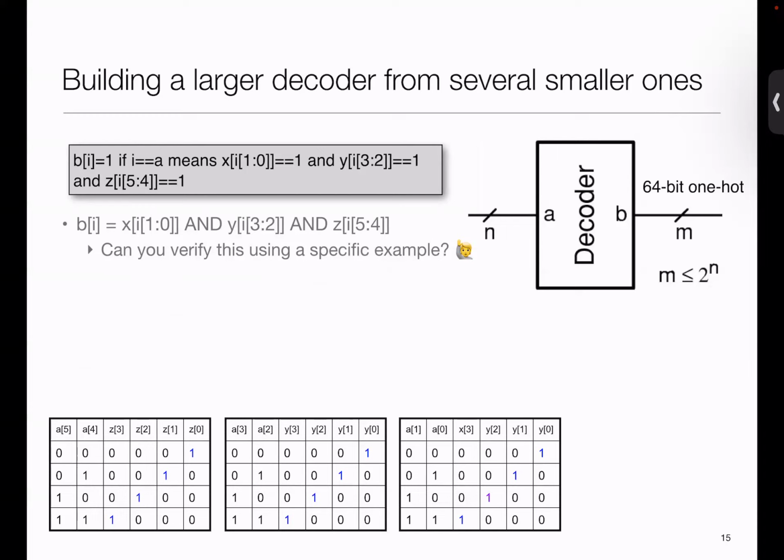So each one of the 64 bits of B will correspond to some combination of Z, Y, and X. And that stands to reason because I have 4 possible cases for Z, 4 possible cases for Y, and 4 possible cases of X. So 4 times 4 times 4, that's 64 also, right? So think of it like you are allowed to pick 1 Z and 1 Y and 1 X. There are 64 such possibilities, and each one of them corresponds to one of the bits of B.